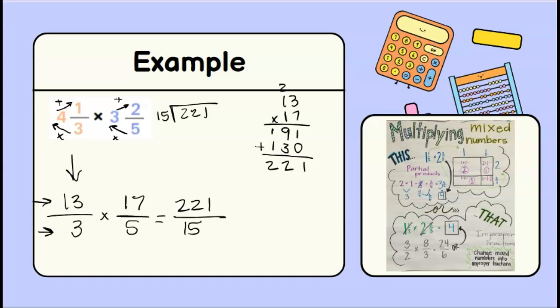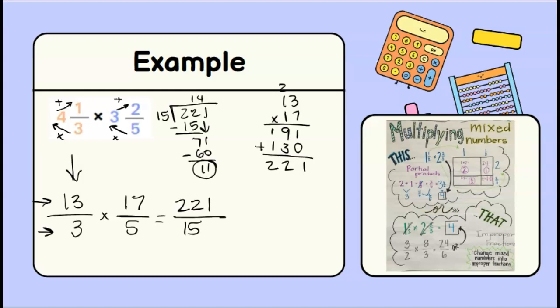I know 15 goes into 22 one time. 22 minus 15 is going to give me 7. Bring down that 1. How many times can I multiply 15 to get close to 71? Well, I know 15 times 4 is 60. Now I don't have any other digits to bring down, so I'm going to stop when I hit my remainder.